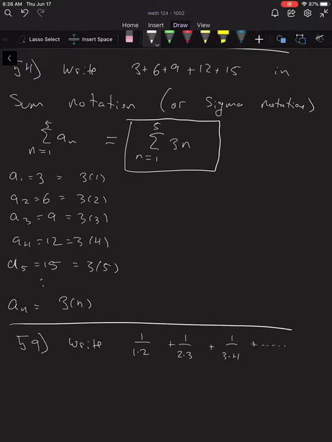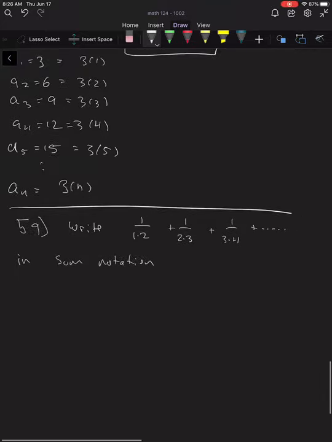So we're going to write this in sum notation. So what we have here, a1 is equal to 1 over 1 times 2. a2 is equal to 1 over 2 times 3. Our a3 is equal to 1 over 3 times 4.